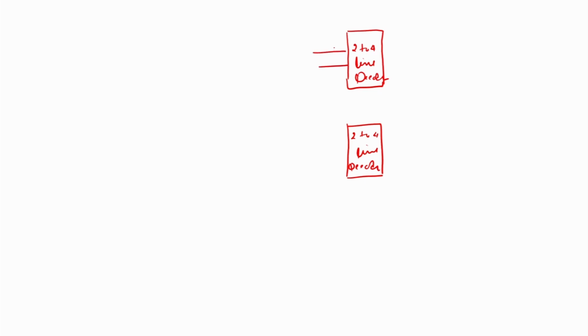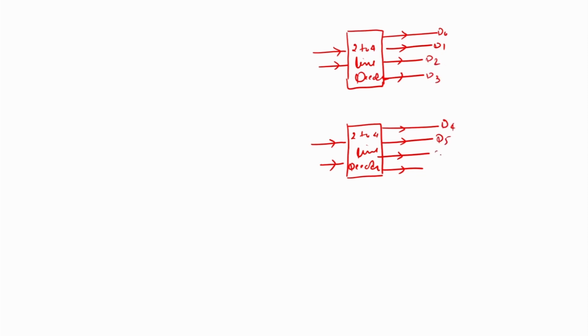So for designing, we simply use a 2 to 4 line decoder, and this is another 2 to 4 line decoder. There are 2 input lines, these are also 2 input lines, 4 output lines, these are also 4 output lines, named D0, D1, D2, D3, D4, D5, D6, D7.